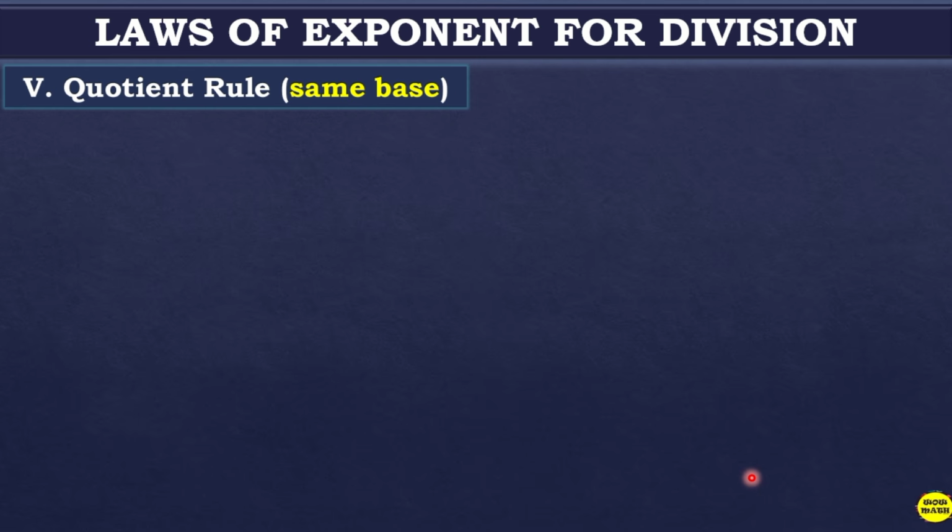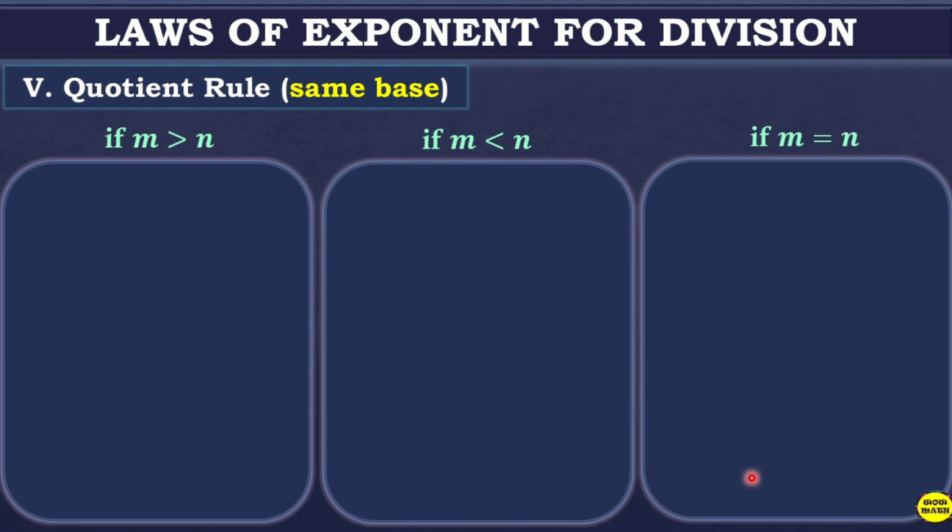Okay? Pero meron tayong dapat tandaan. Meron tatlong case yan. Kapag ang exponent nung nasa numerator ay mas mataas sa denominator, ang gagawin po natin, m minus n. So, yung sagot mo sa numerator mo ilalagay. Mamaya explain ko yan ng mas malinaw.